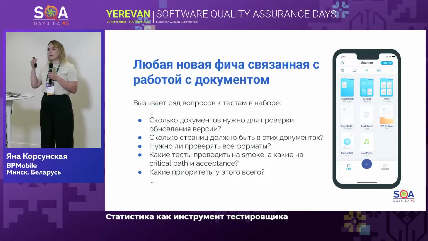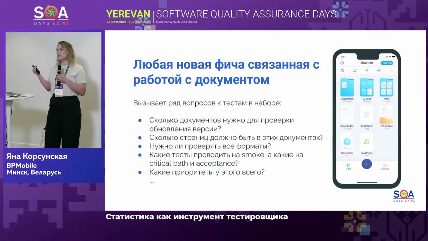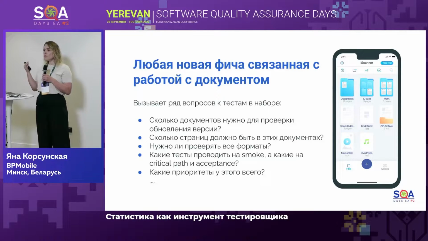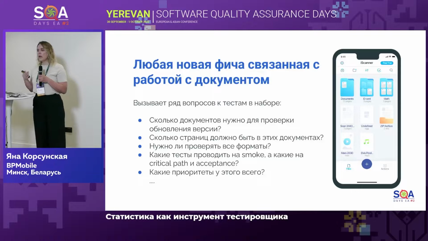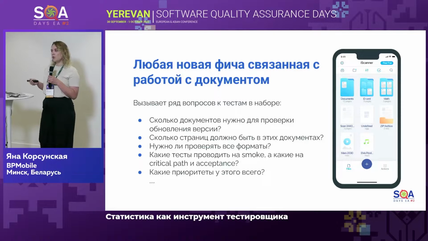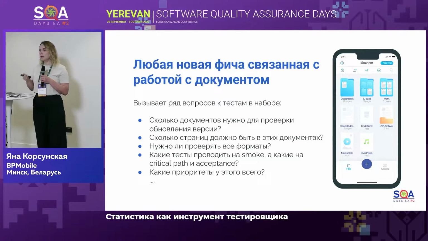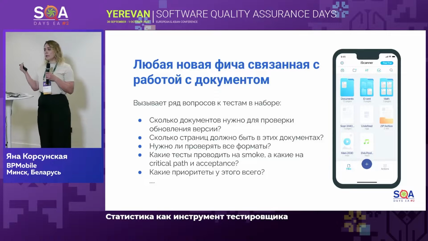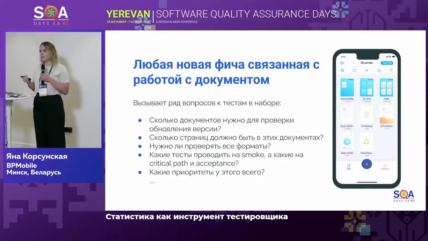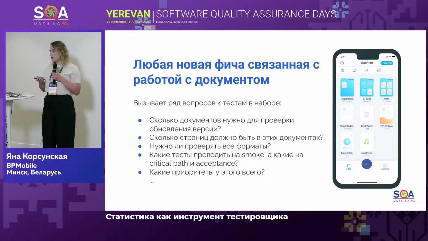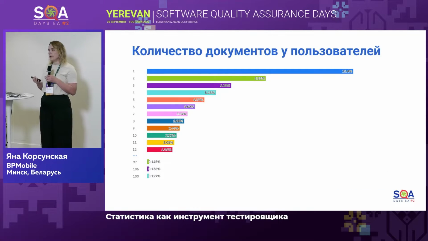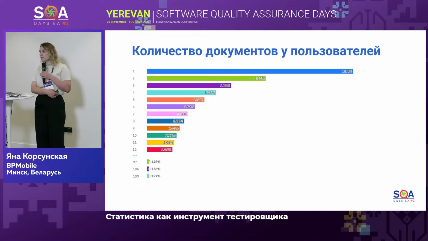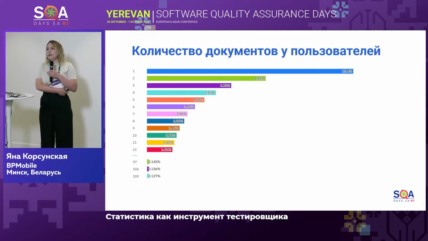How many pages do they need to have? In other words, how many of them will we distribute at different levels of depth? What will we use as acceptance or others? What are the priorities here? And this is the very case where it would be good to turn to statistics.